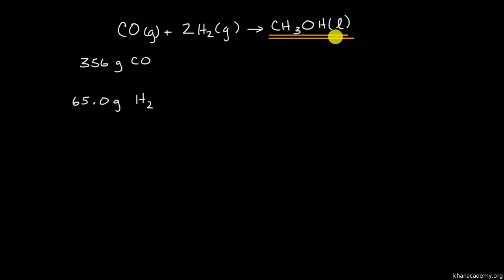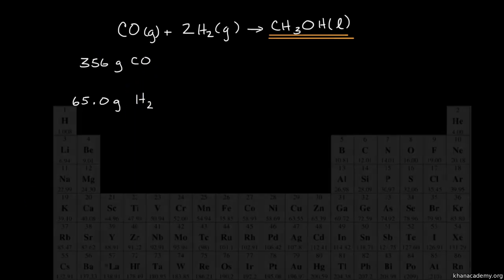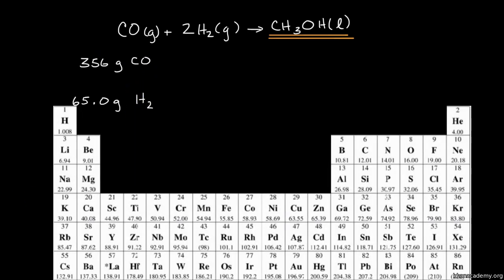Well, a good place to start is by converting this amount of carbon monoxide and molecular hydrogen into moles. To do that, we can take out a periodic table of elements, and the molar mass of carbon monoxide, you can look at the molar masses of carbon and oxygen and add them together. So 12.01 plus 16, that is going to be 28.01 grams per mole.